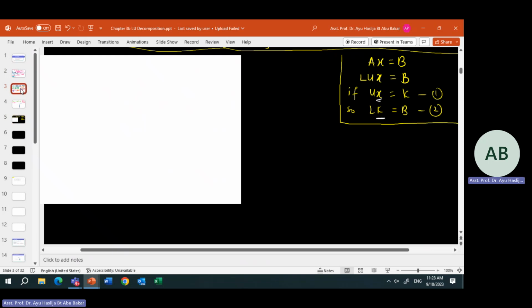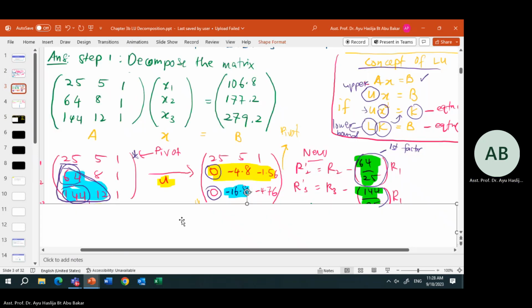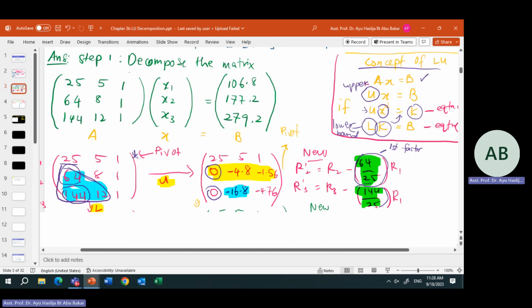So 144 over 25 is your second factor, to be put at position 3, 1 later in the L matrix. So negative 16.8 here, using the same factor.